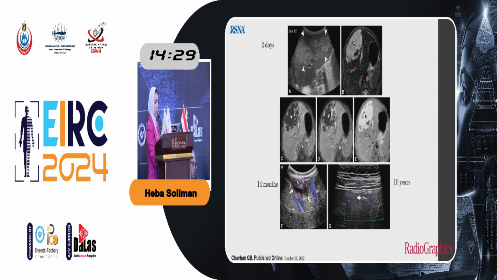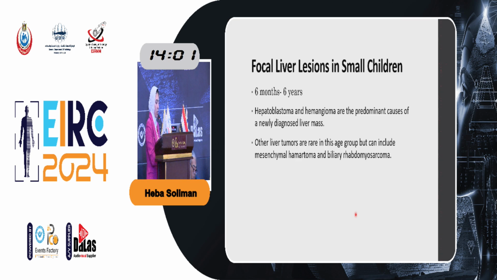On axial T2 fat sat, this is a typical T2 hyperintense signal with peripheral rim enhancement and gradual centripetal enhancement, characteristic for infantile or congenital hemangioma. This is an ultrasound performed at the age of 14 months, and then at the age of 10 years, it shows the natural history of the hemangioma, which is regression and resolution.